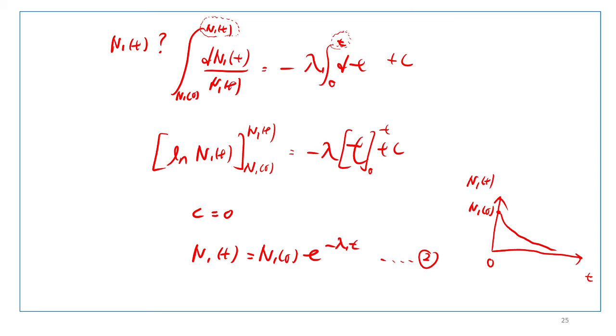This is the relationship between the number of parent nuclei with time. This is merely the number of parent nuclides, and with time, it is decreasing.